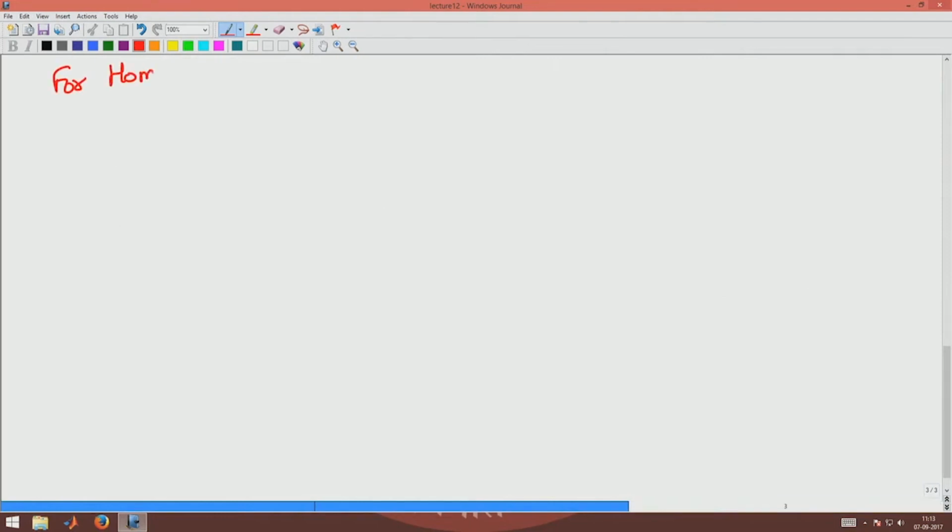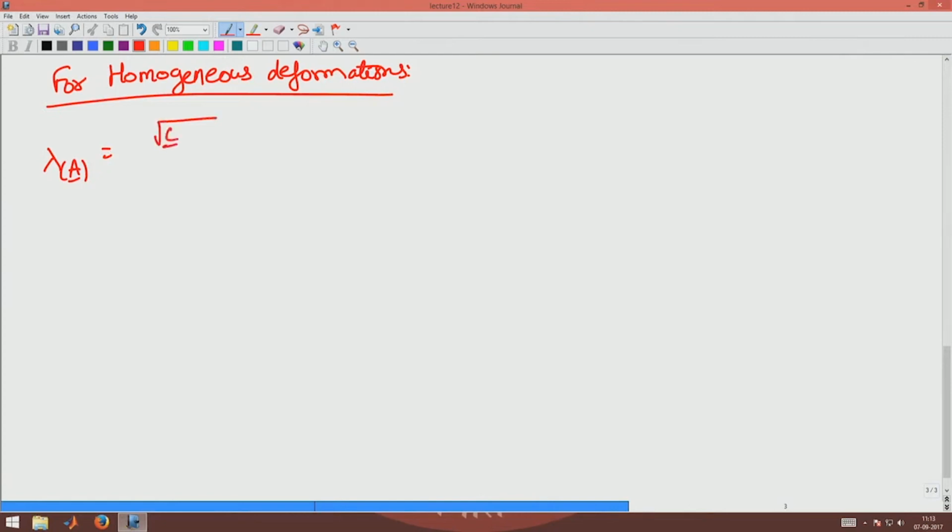For homogeneous deformations, lambda of A would be square root of C A dot with A integral psi 0 to psi n d psi divided by square root of A dot with A integral psi 0 to psi n d psi.